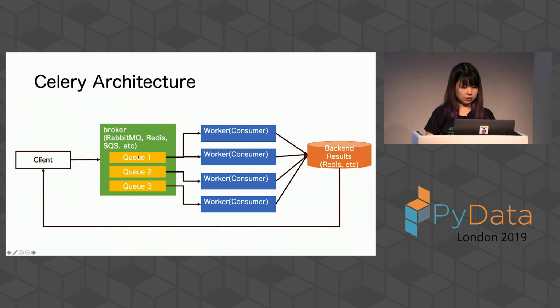So the application will be sent to one of the queues. The queue will then parallelize and send the application's tasks to several workers. Workers will run tasks and save the result to backend storage.